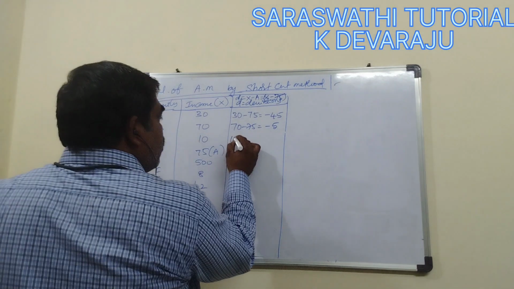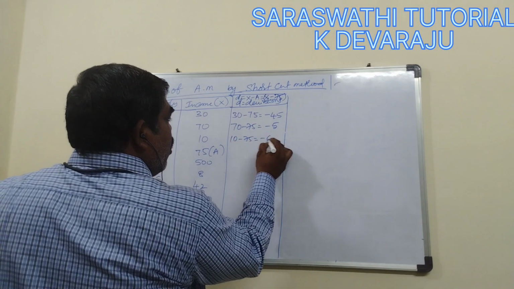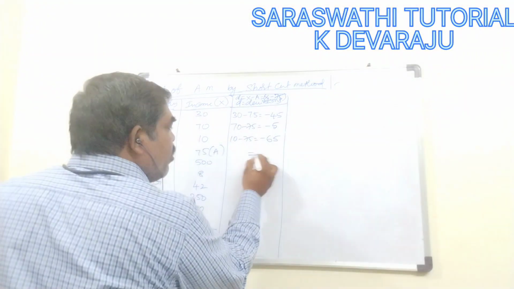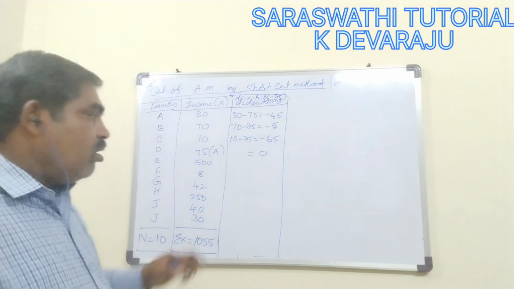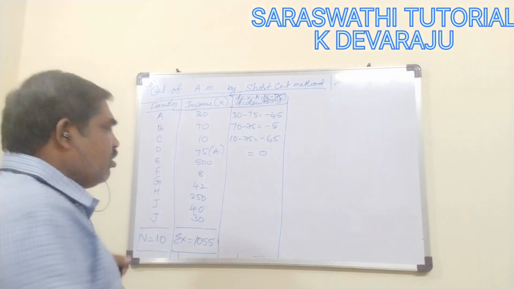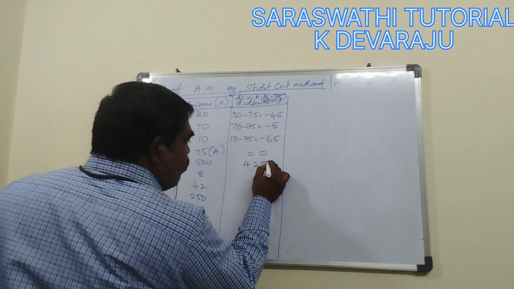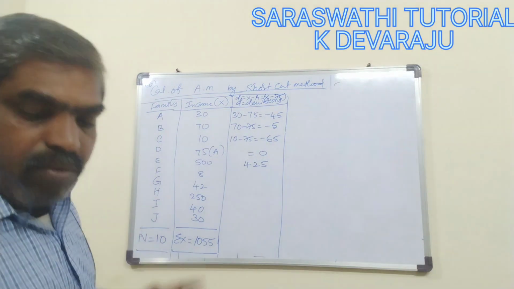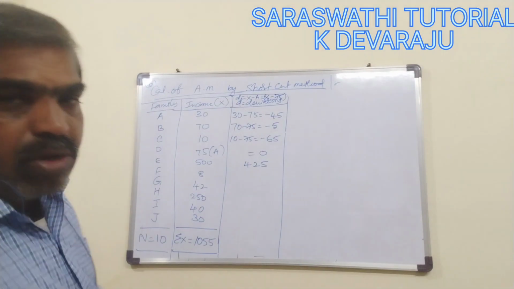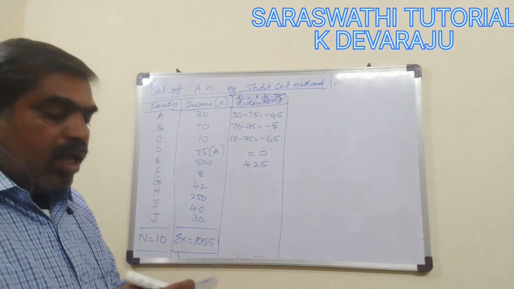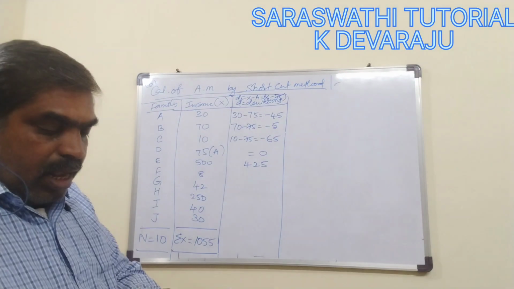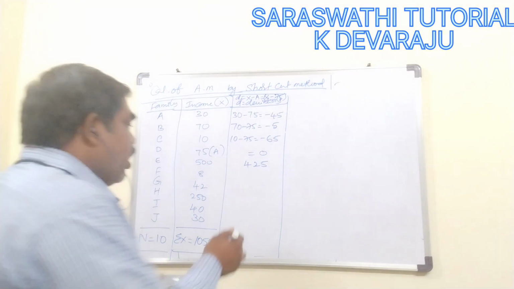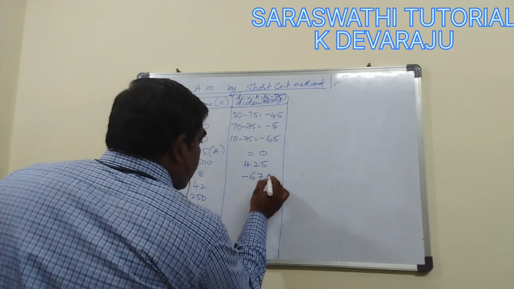10 minus 75, minus 65. 75 minus 75, which is 0. 500 minus 75, 425. Check it and use the calculator, whatever it is. In examinations also it is allowed to use the calculator. Next, 8 minus 75, which is minus 67.